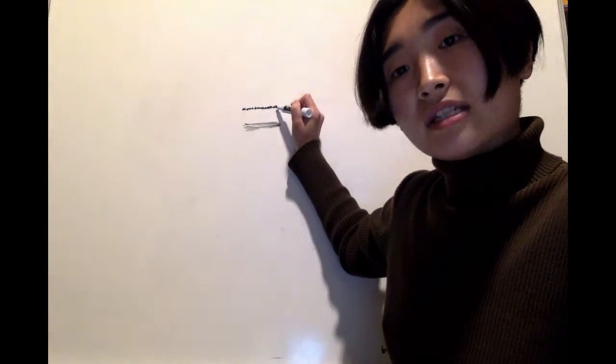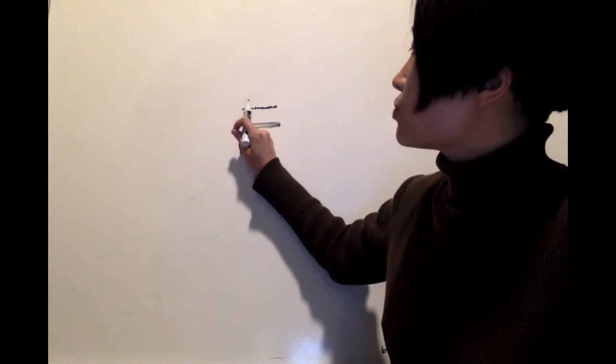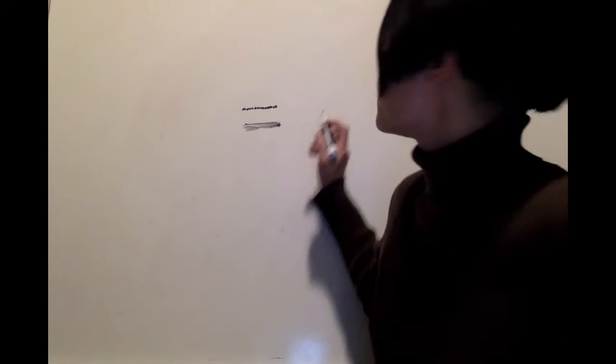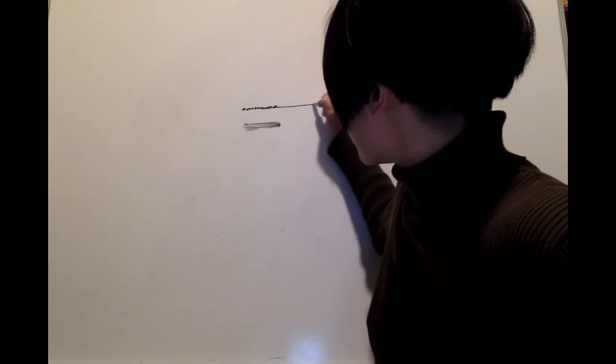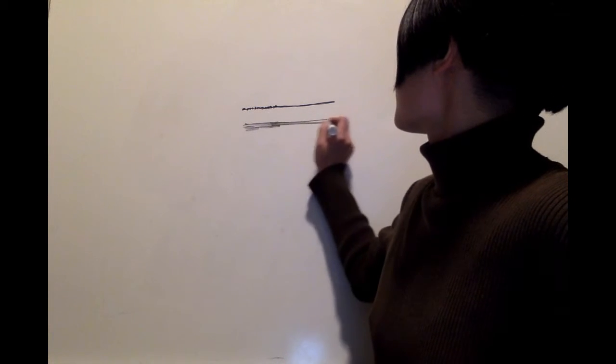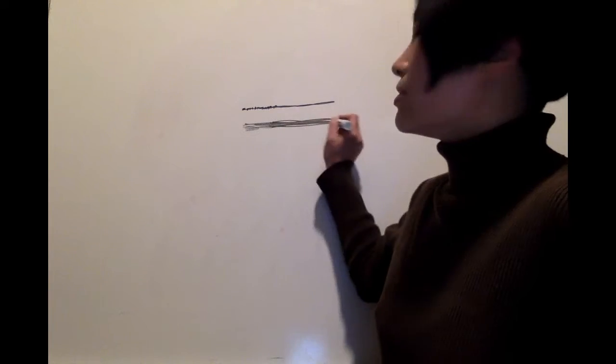Well, this line is a lot thinner than this line. So this is a straight thin line, and this is a straight thick line. Let me make them a little longer so it's easier for you to see. And after that, what other kinds of lines do you know?